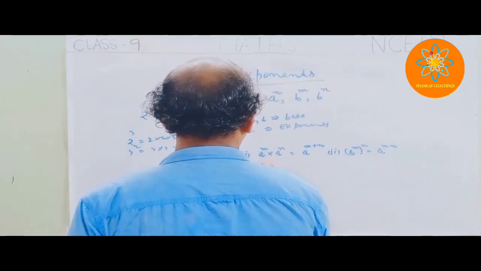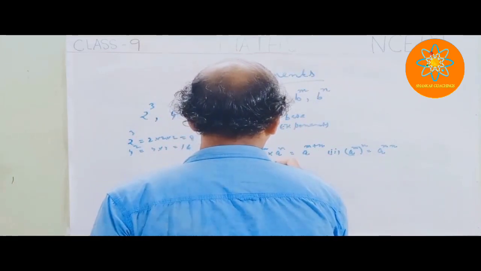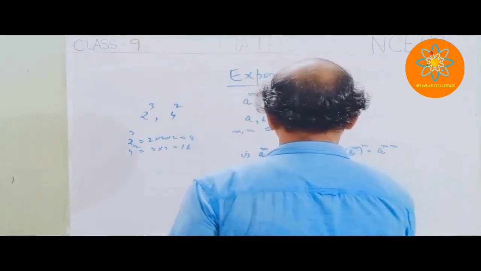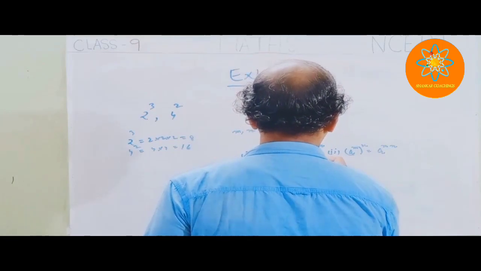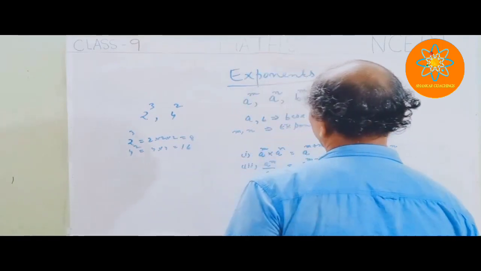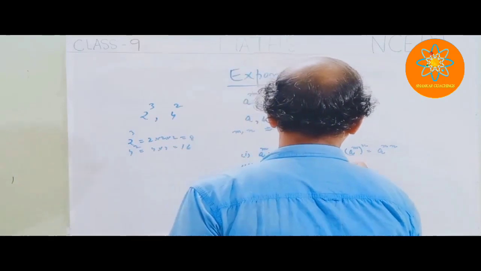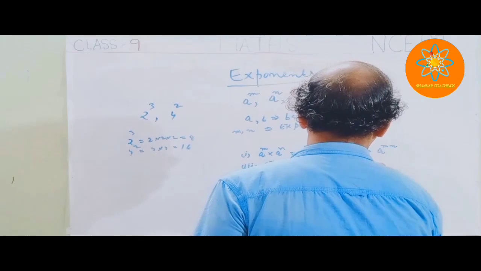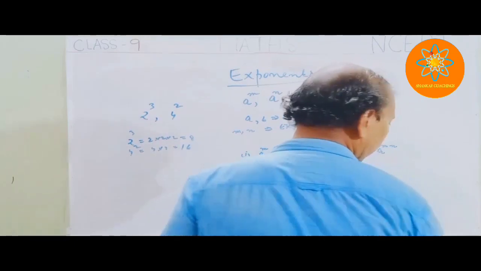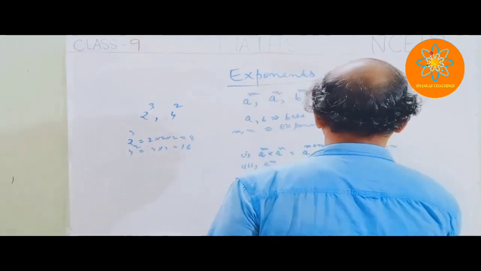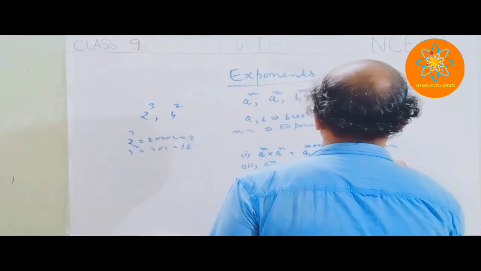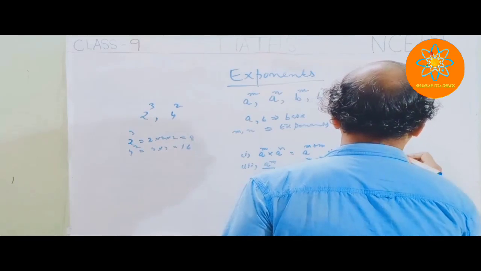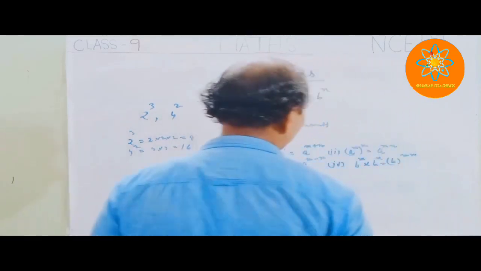The third formula will be a to the power m divided by a to the power n. This is equal to a to the power m minus n. And the last formula: suppose I have b to the power m into b to the power n, then this is equal to b to the power m into n.